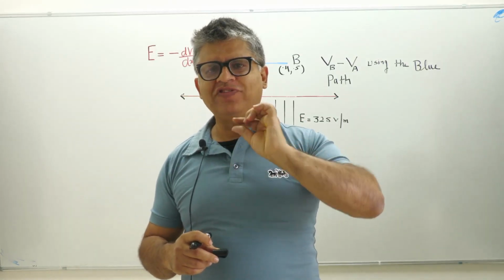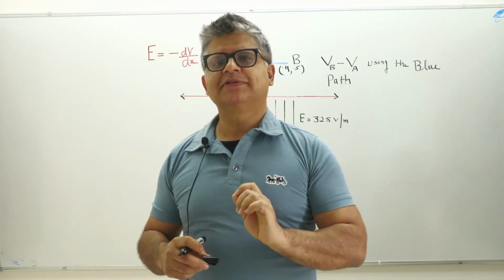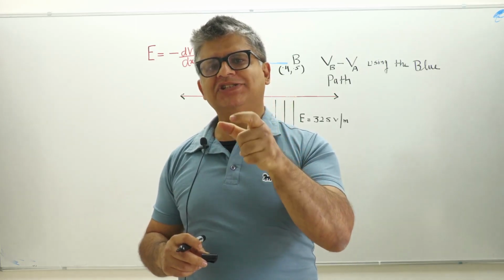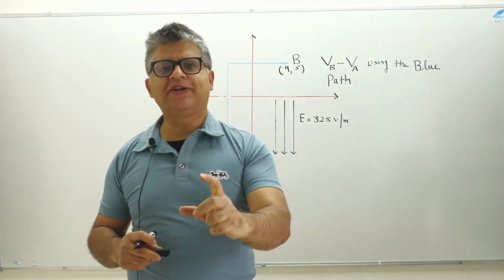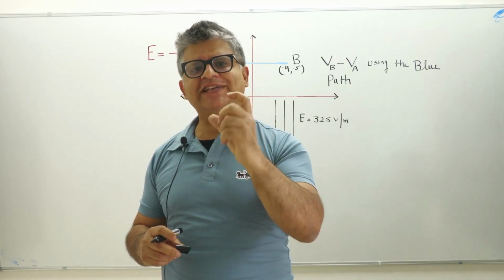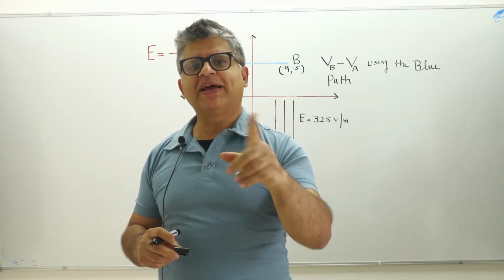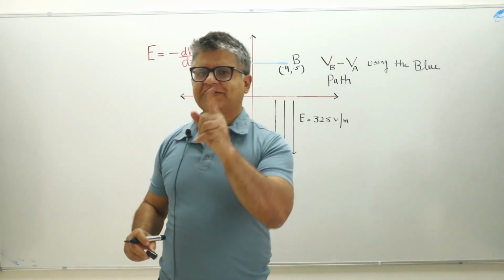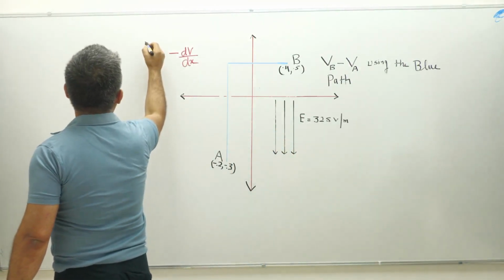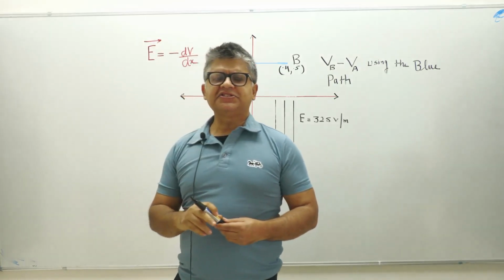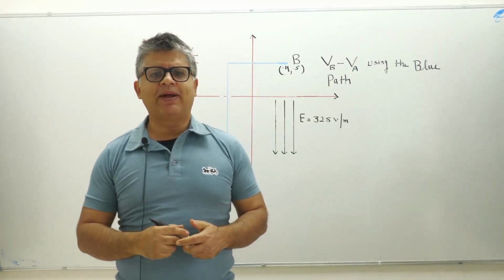So V changes with the distance, and the ratio of the change in V, the delta V, the potential difference, divided by the distance through which it changes, and a negative sign gives you the electric field. And of course, electric field is a vector. Very important.